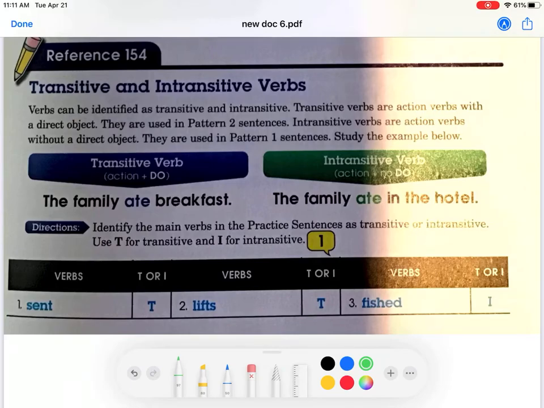So it is transitive. If you look at number 2, lifts is the verb, and lifts what? Lifts my spirit. So we did have a direct object, so that's transitive. But if you looked at number 3, our verb was fished, and fished what? There was nothing after it, so we put an I for intransitive. Okay? So basically it means an action verb that has a direct object and an action verb that doesn't, is basically the difference between the two. Okay, so let me know if you have any questions on that. Thanks.